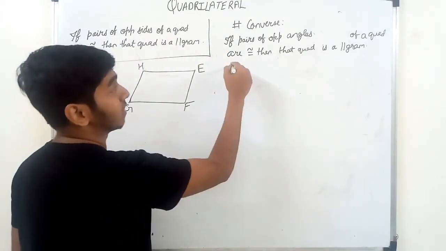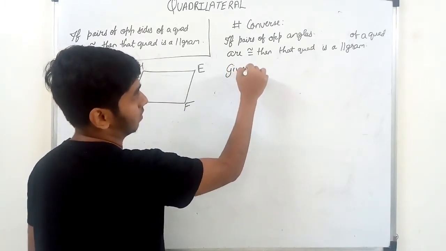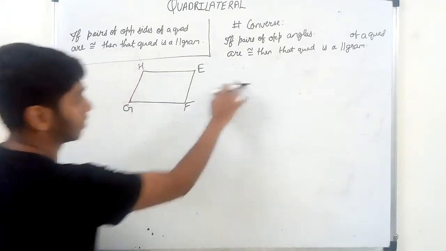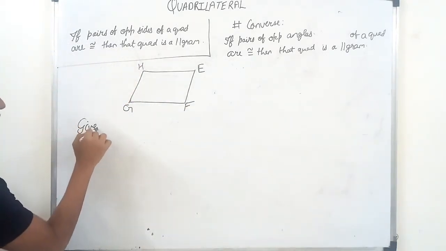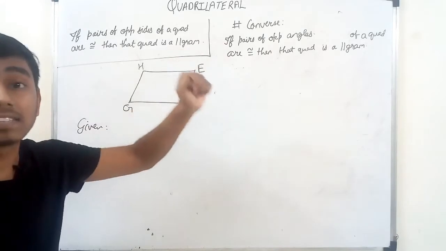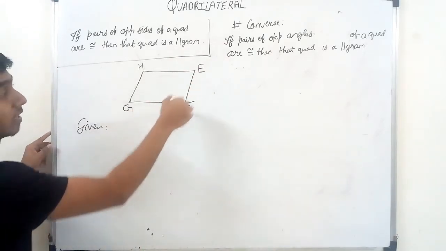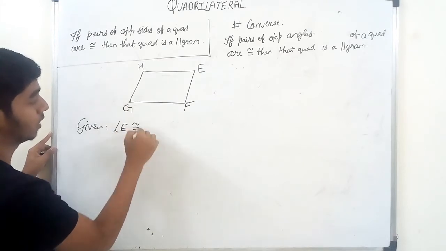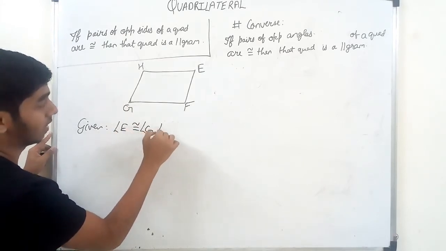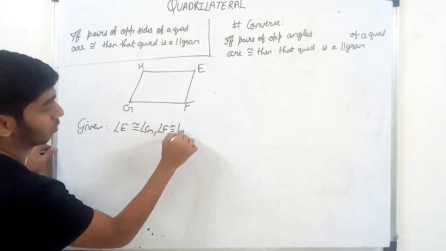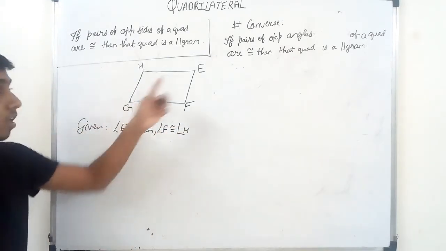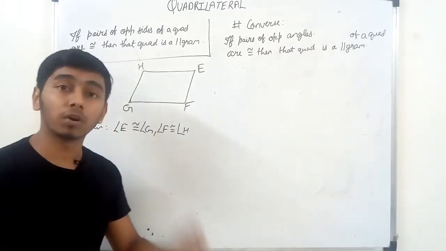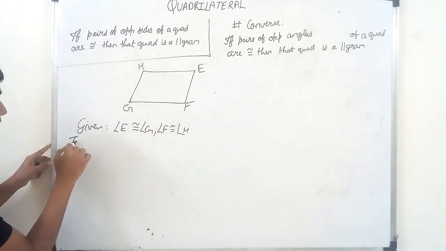Okay, so what is given here for us? Opposite angles are congruent. That means in quadrilateral EFGH, angle E is congruent to G and F is congruent to H. Correct? Opposite angles. Yes or no? So this is what is given to us, and what is to be proved?